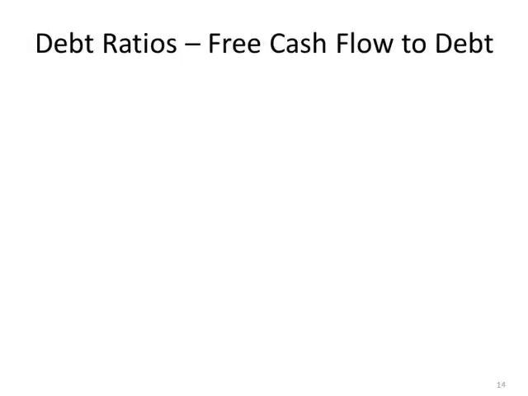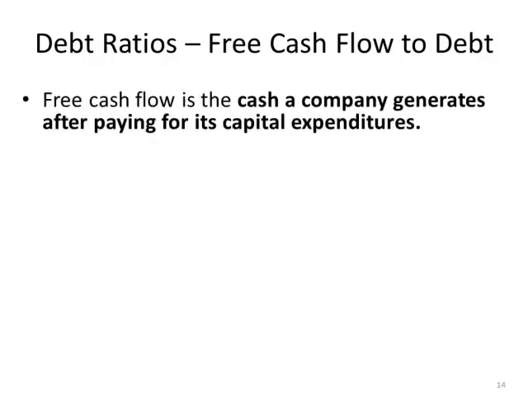Debt ratios, free cash flow to debt. So the last debt ratio we'll look at is the free cash flow to debt ratio. So first let's discuss what exactly free cash flow is. Free cash flow is the cash a company generates after paying for its capital expenditures. So essentially we look at how much cash the company generates from its operating activities, right?